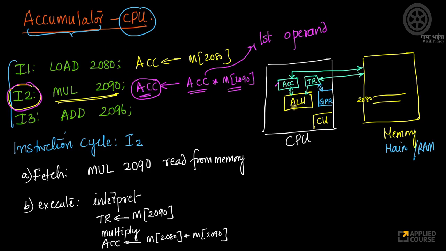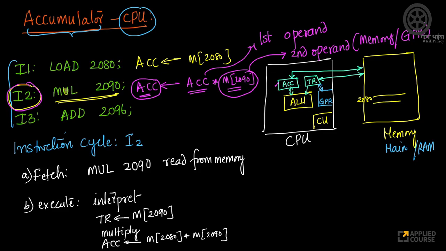That's why this is called an accumulator CPU. Look at this, this is your second operand for the multiplication operation. Your second operand could be in memory. If it is in memory, it is copied into the temporary register and then fed into the ALU. Or it could be in any general purpose register.